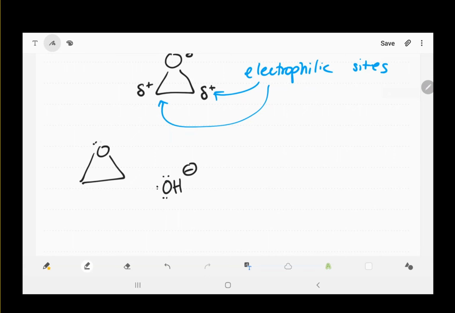Here, I'll even be good, I'll put my lone pairs on. Light blue for my arrows. We end up opening our ring.